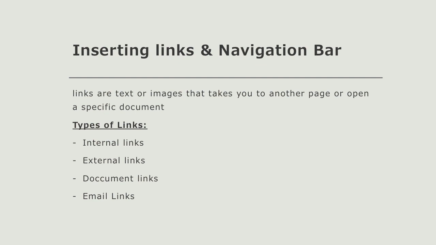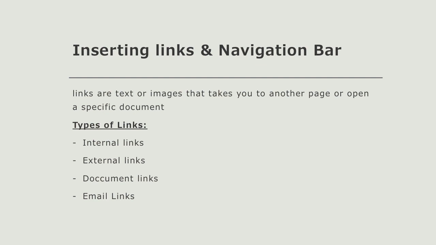The next one is internal links, and this one will guide me to elements inside the same document or the same web page. The third one is document links, which will link me to different web pages inside my website, some HTML documents.